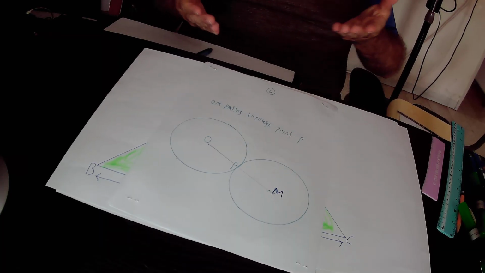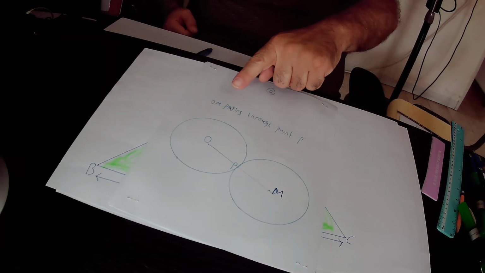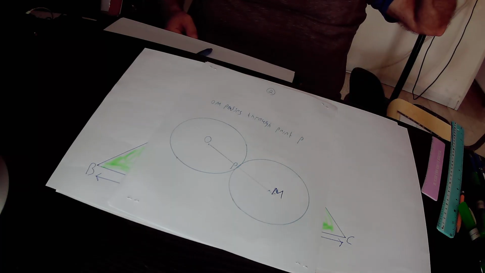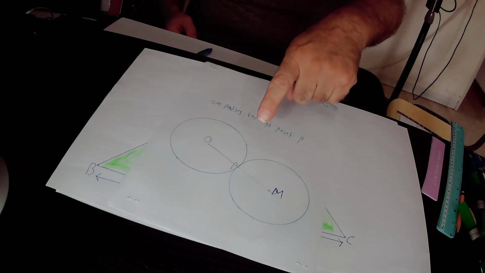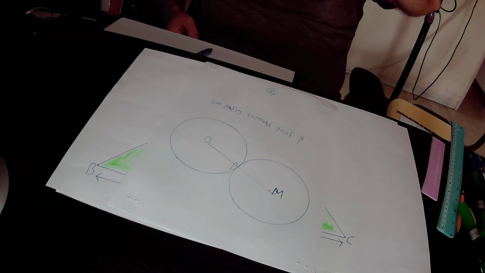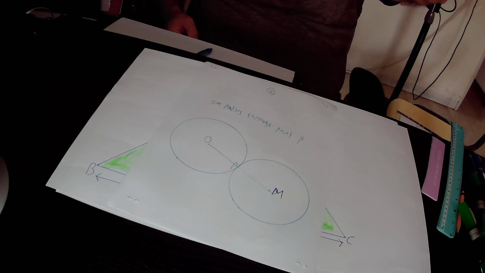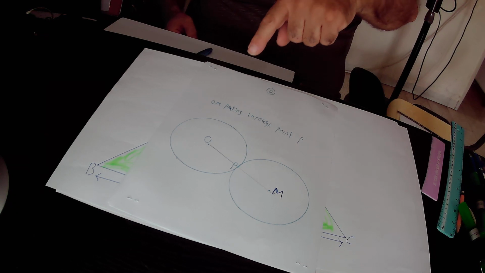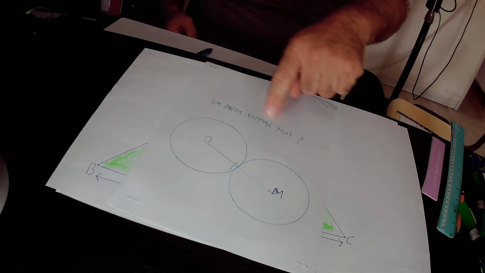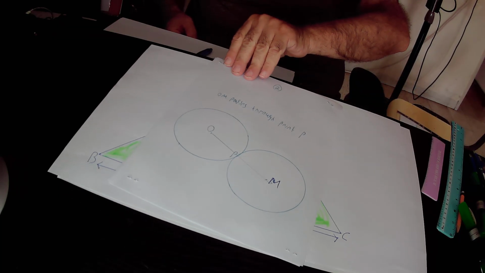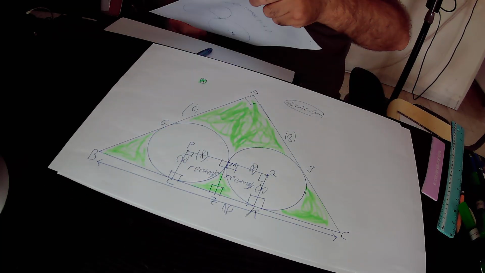The straight line that connects the centers is of course the straight line OM. According to rule 10, the straight line OM must pass through their touching point, that is point P. Or in other words, OPM is one straight line. So we can definitely implement rule 10 in our drawing.